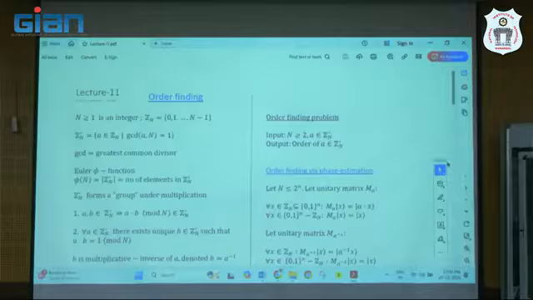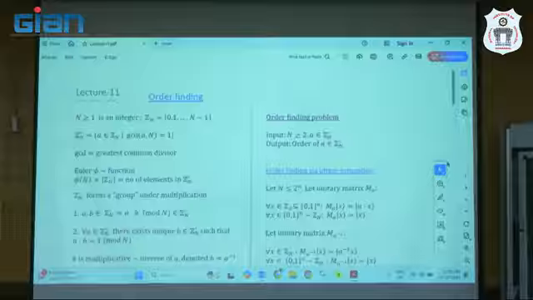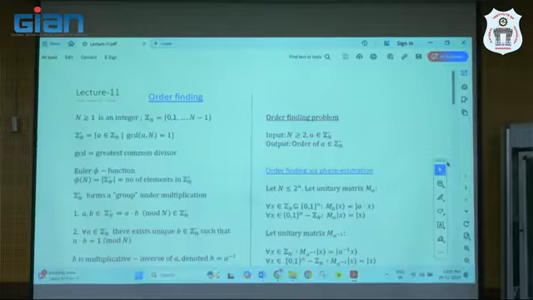Both these functions, multiplication by A and by A inverse, are invertible functions. In our previous discussion, we have seen that for invertible functions, we can get a reversible circuit which does the computation of the function in place, x going to A times x.